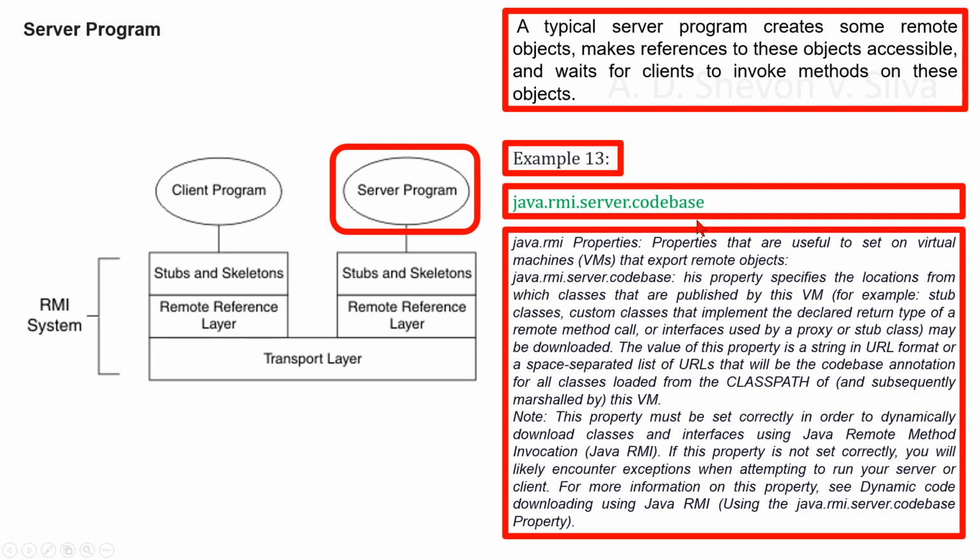The value of this property is a string in URL format or a space separated list of URLs that will be a code base annotation for all classes loaded from the class path of and subsequently marshaled by this VM. Note, this property must be set correctly in order to dynamically download classes and interfaces using Java Remote Method Invocation, Java RMI. If this property is not set correctly, you will likely encounter exceptions when attempting to run your server or client. For more information on this property, see dynamic code downloading using Java RMI in the documentation.